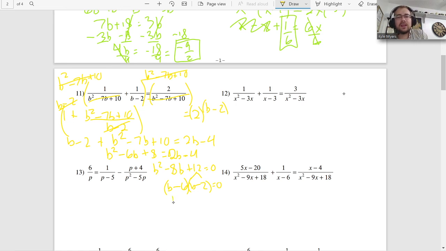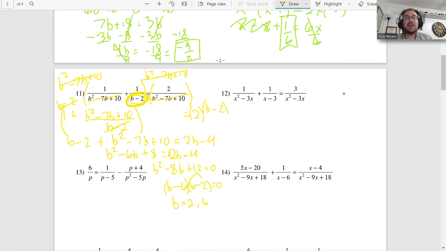So it looks like here we would get either 2 or 6. But if I were to plug in 2, it wouldn't work, because look at this: b minus 2. That's what's called an extraneous solution. They call that an extraneous solution in the textbook. Sounds very fancy. But it basically just means, hey, you didn't do anything wrong, but you kind of did.